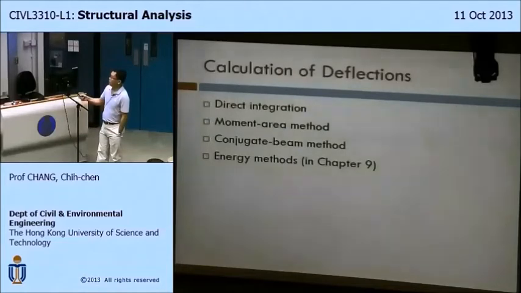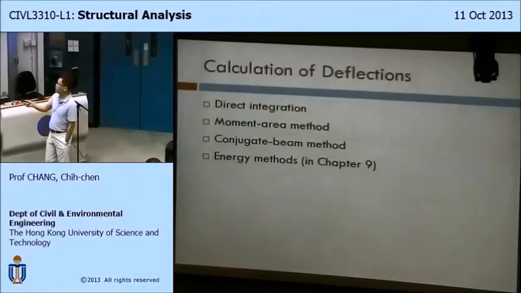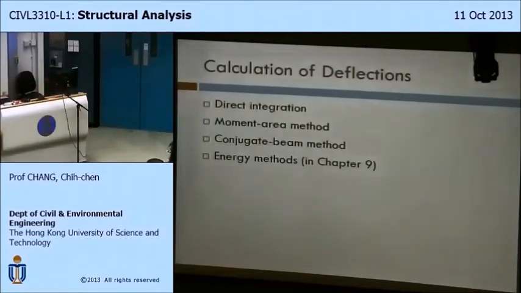So then we get into the moment area methods, which will be followed by the so-called conjugate beam approach. And the next chapter will heavily discuss the energy-based approach.